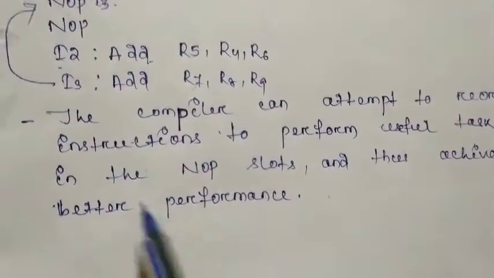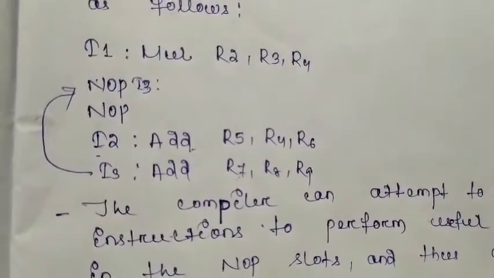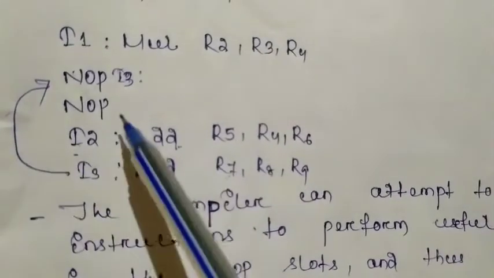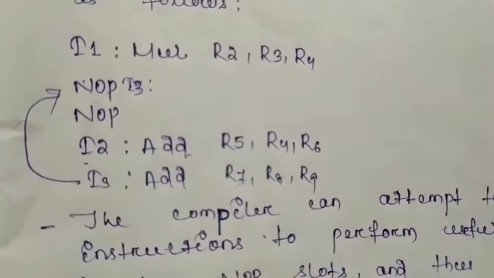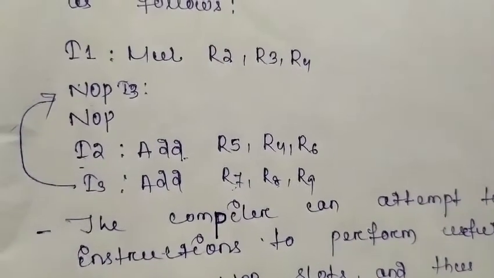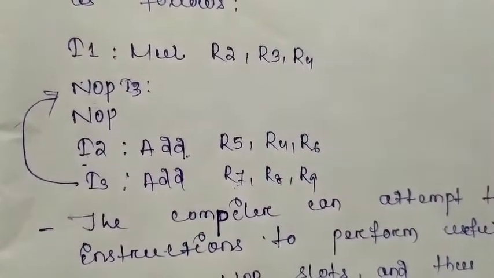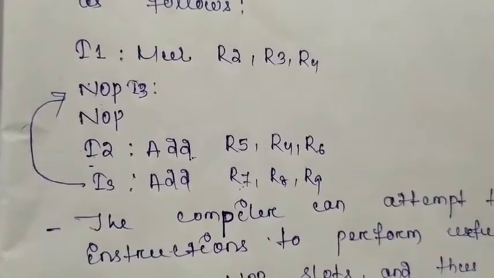As the compiler halts the execution, when we insert these instructions before this, it reduces the clock cycles needed to execute the following instructions.